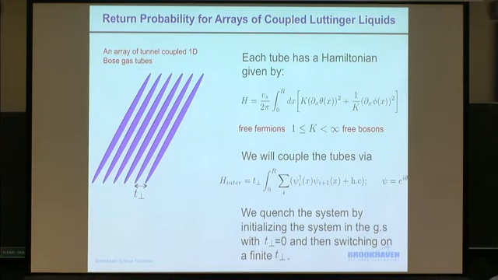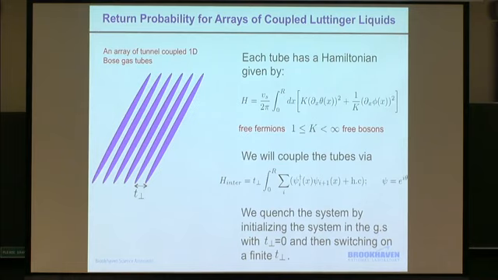Let's turn to the other example I had, namely the return probability of coupled Luttinger liquids. We're going to be considering Luttinger liquids as representatives of one-dimensional Bose gases.